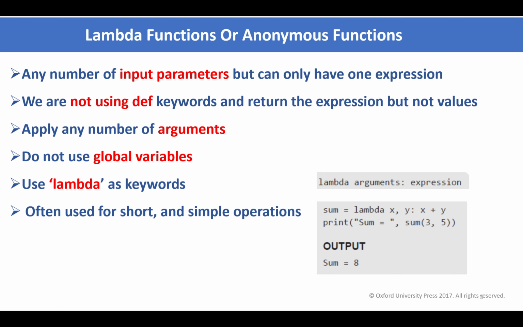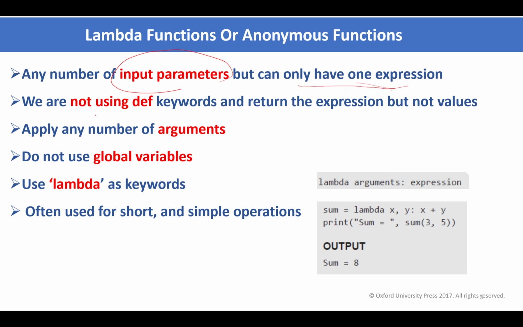Now I am going to discuss the lambda function. I cover some important features of lambda functions in these slides. The first point is that it can take any number of input parameters, but can only have one expression.